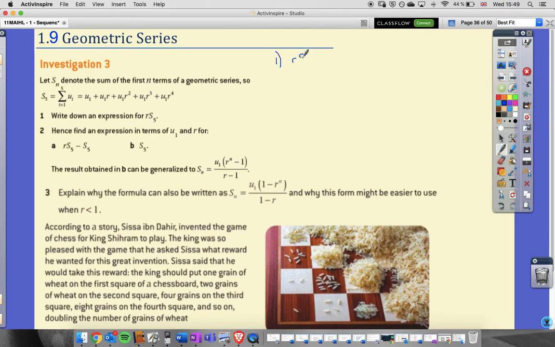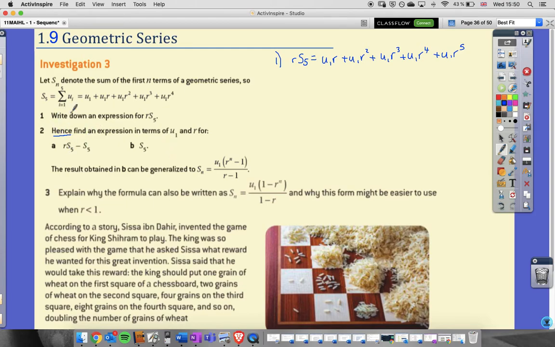So rS5 is simply multiplying each of these terms by r. Okay, pretty straightforward.